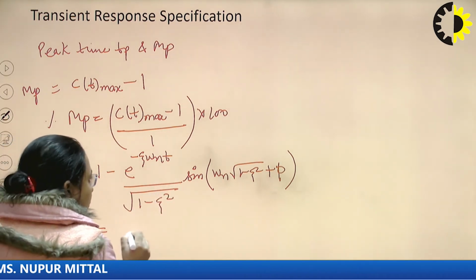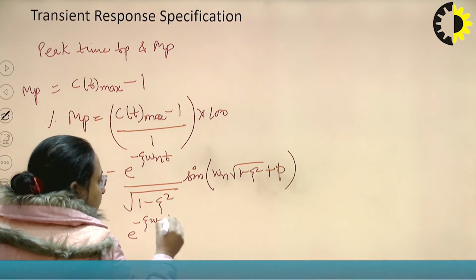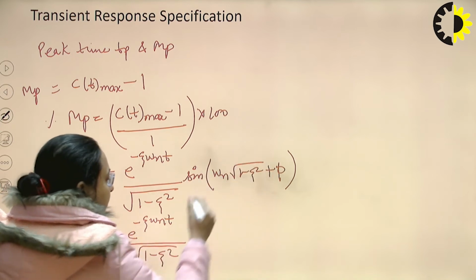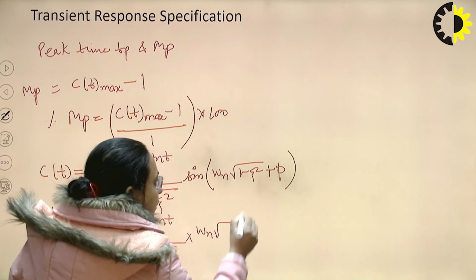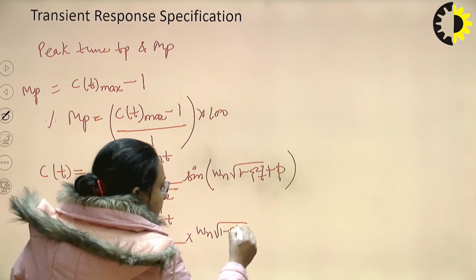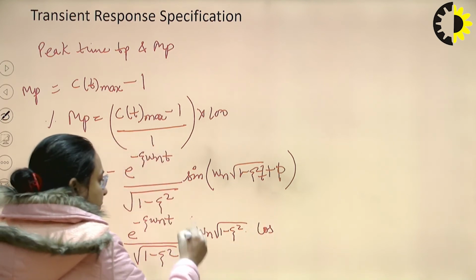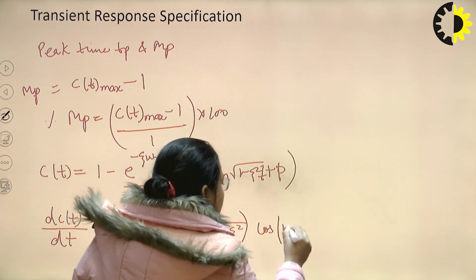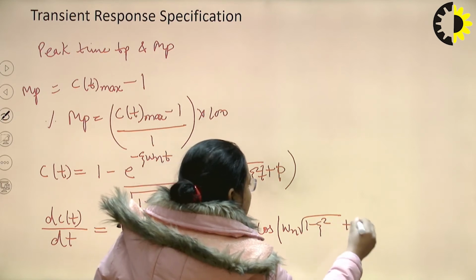Then it comes out to be e raised to the power minus zeta omega n t as it is, and differentiating this sine term, it will come out to be omega n under root 1 minus zeta square into cos of omega n under root 1 minus zeta square t plus phi.